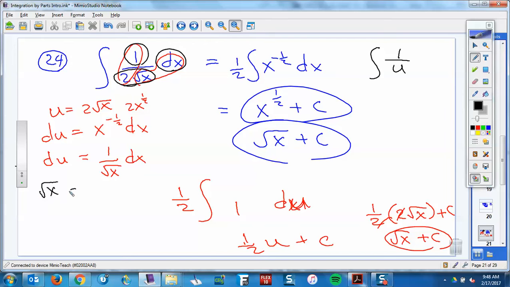Now, normally I told you don't mix x's and u's, but in this case, what did I just say that square root of x is? What is square root of x? 1/2 u. So couldn't I make this 1/2 u du like that? So now couldn't I sub out that dx as 1/2 du? Or excuse me, 1/2 times u du?